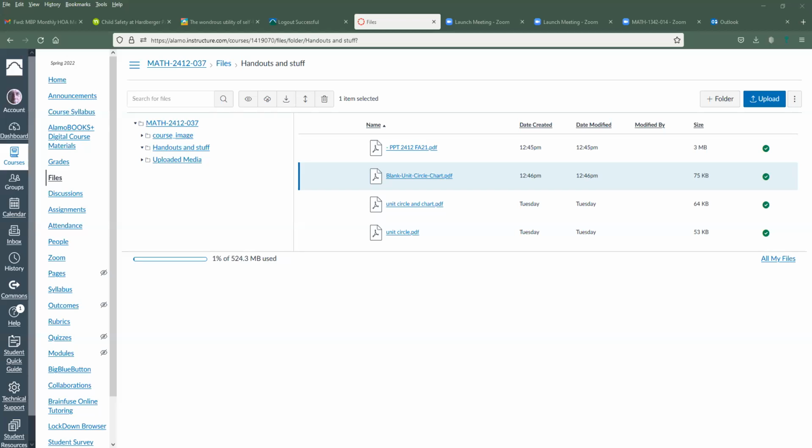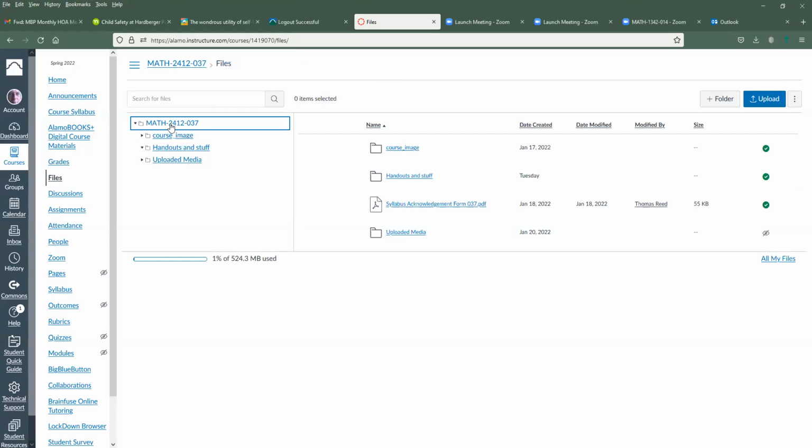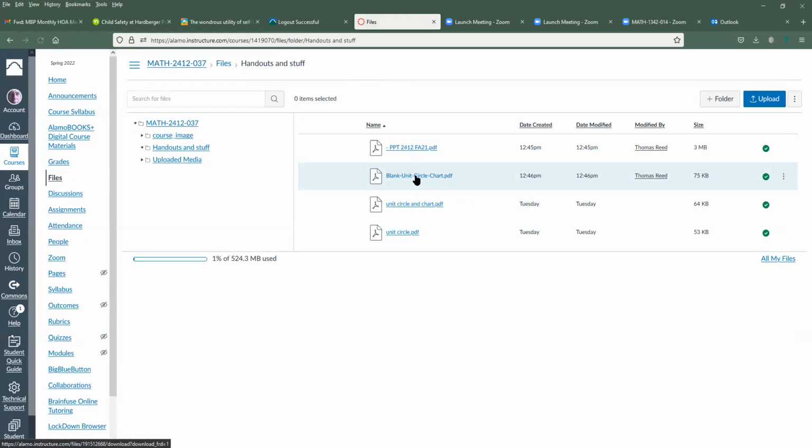If you had hit refresh or F5, it would refresh the screen, and so it would show the current files in there that got updated. Yeah, I was hitting the refresh, but it wasn't coming in. It just came in. The blank unit circle chart, correct? Well, over here, you could back out to here and then click back in, and that would have showed it. Yeah, that's what I was doing. Oh, okay. It just took a while for it to pop up on your end. Yeah, a little bit of delay.